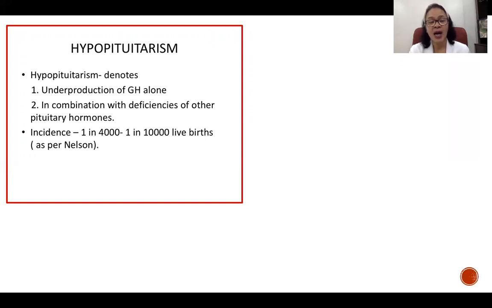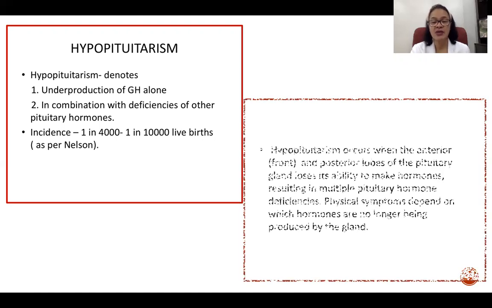So when you say panhypopituitarism, this refers to the involvement of all the pituitary hormones. So this denotes underproduction of the growth hormone alone, or it can be in combination with deficiencies of other pituitary hormones. And the incidence is 1 in 4,000 to 10,000 live births. And that is based on Nelson's.